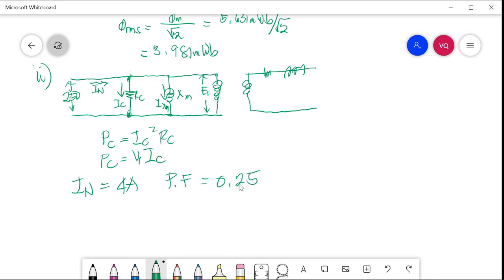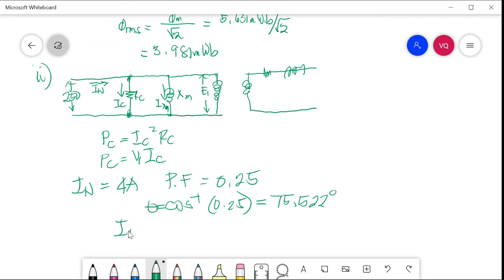So what will be the arc cosine of 0.25? The theta is equal to arc cosine of 0.25, that is equal to 75.522 degrees.